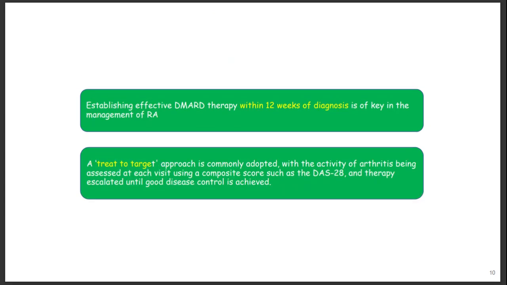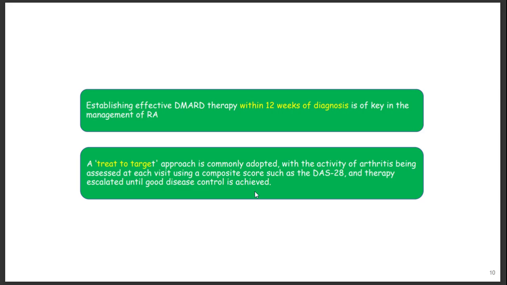Establishing effective DMARD therapy within 12 weeks of diagnosis is key in the management. You want to make sure that within 12 weeks of diagnosis, you establish effective DMARD therapy. A treat to target approach is commonly adopted, with the activity of arthritis being assessed at each visit using a composite score such as the DAS28, and therapy escalated until good disease control is achieved.